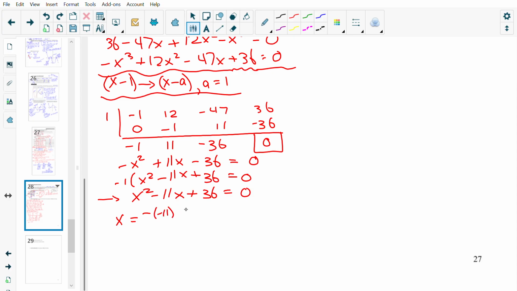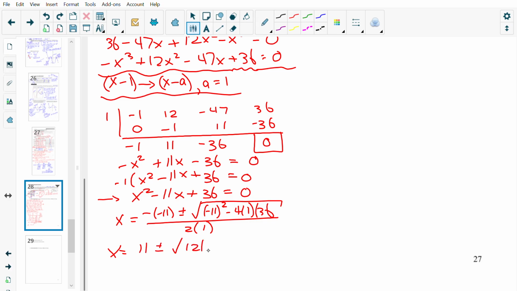So x equals negative negative 11 plus or minus the square root of 11 squared minus 4 times 1 times 36, over 2 times 1.